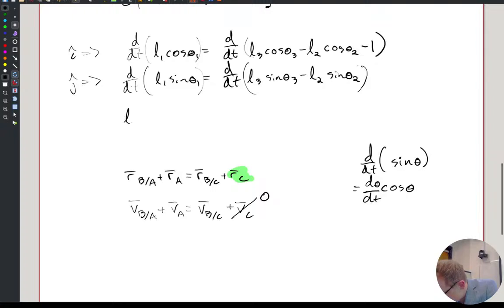So now I can say L1 theta 1 dot sine theta 1 equals L3 theta 3 dot. And I know we're out of time, sorry, but I'll just write it up here so at least, even if the sound sounds like a whale, we do have a record of it.